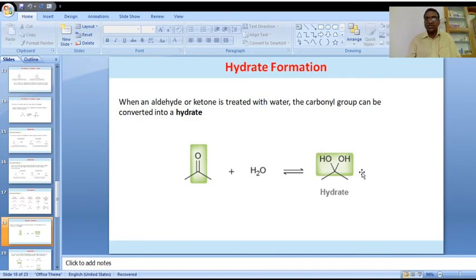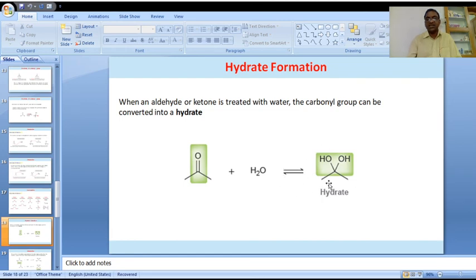Immediately from this hydrate structure, there is loss of H plus and loss of OH minus, finally loss of a water molecule to form the carbonyl function, because we are representing the reaction as a reversible reaction.